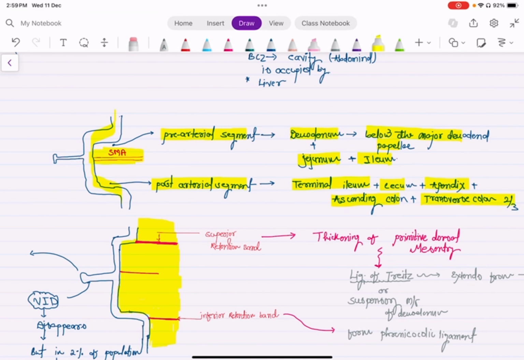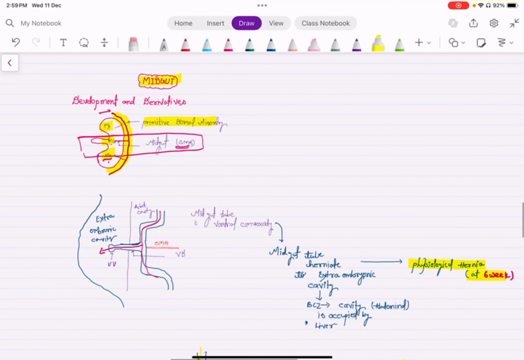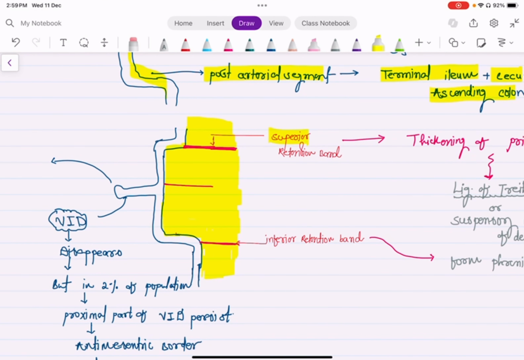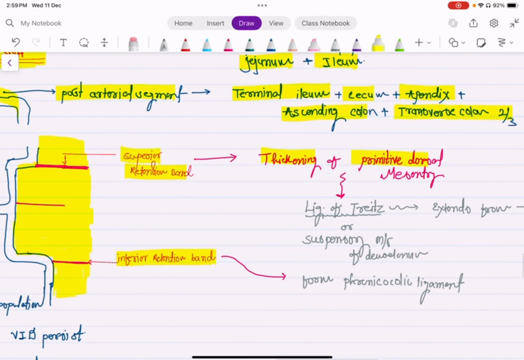Now, thickening of the dorsal mesentery occurs and gives bands known as the superior retention band and the inferior retention band. Very important. The superior retention band occurs due to thickening of the primitive dorsal mesentery, which gives the ligament of Treitz, which is important for differentiating between upper GI bleeding and lower GI bleeding.